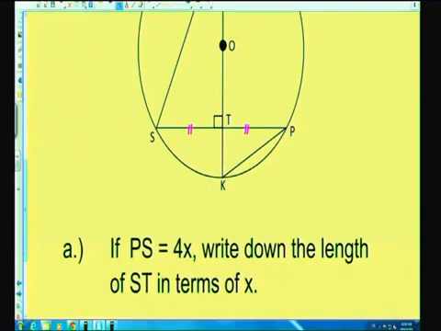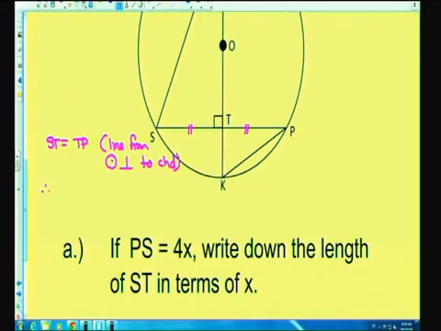So just remember, always think in picture form, and then you will always see things that you normally won't see other times. Right, now they tell me PS is 4x. That's quite good news because with what I know, I can say ST equals TP, and the reason is line from center perpendicular to chord, or whatever reason you've been shown, it's fine.